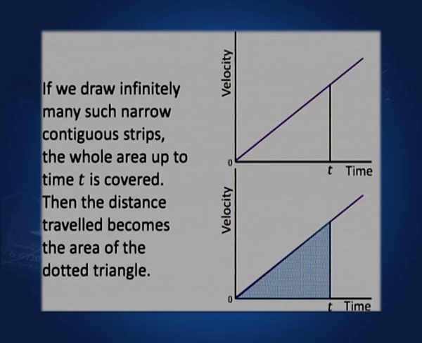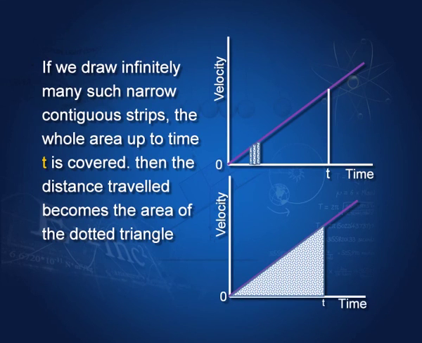We can erect many more strips of this kind, and if we cover all this area by these strips, then the total area would be equal to the area of these strips. That means, the total area would be equal to the distance covered, as we have shown here by covering this triangle by this mesh. So, the distance covered is equal to the area of this triangle.